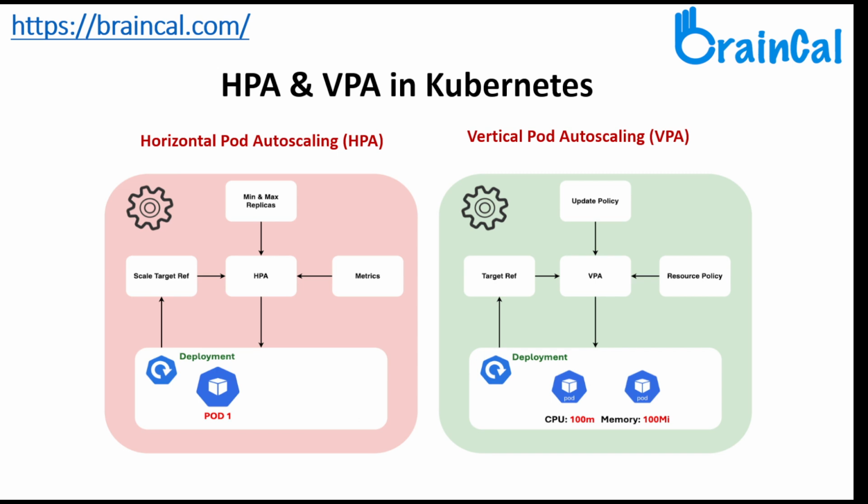On the other hand, vertical pod scaling is needed when there is not only the traffic but the resource use is in constraint, whether the CPU or the memory is scaling out, or there is a severe demand for more CPU, more memory because of heavy IO operations or various things getting done. So that is why we need to think carefully whether we need horizontal pod autoscaling or vertical pod autoscaling.